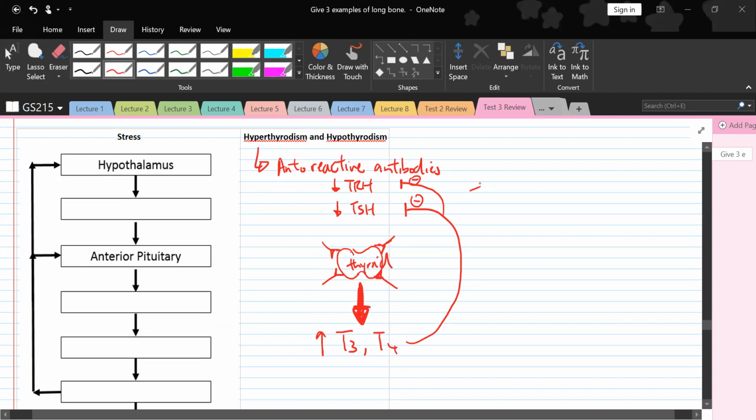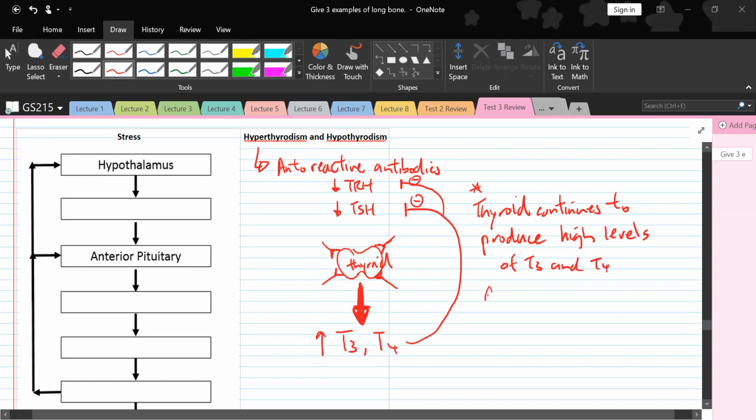The key thing here to know is the thyroid continues to produce high levels of T3 and T4 despite low TRH and TSH in the body, right?